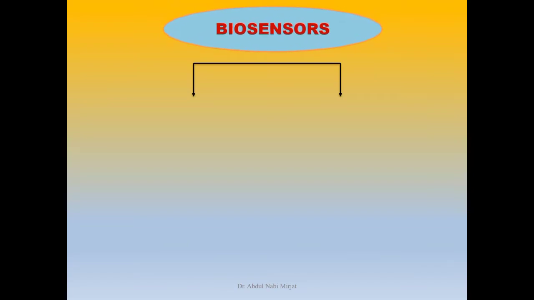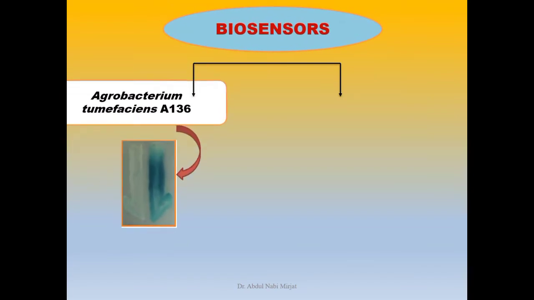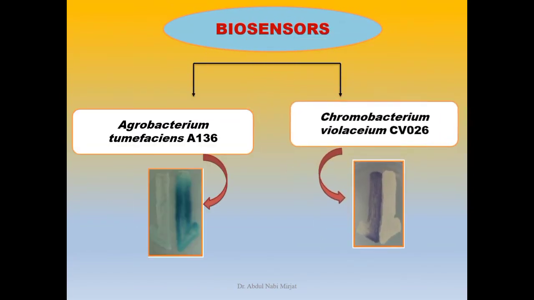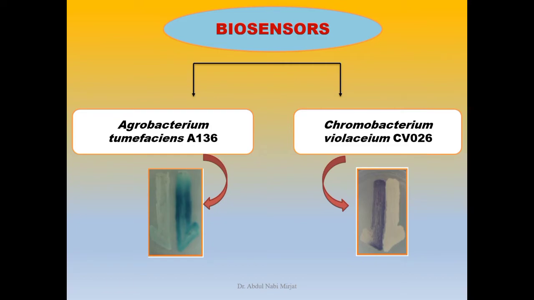Examples of biosensor bacterial strains. Among these, two strains are mostly used to detect N-acyl homoserine lactone-based quorum-sensing molecules. One is Agrobacterium tumefaciens strain A136 and the other one is Chromobacterium violaceum CV026.